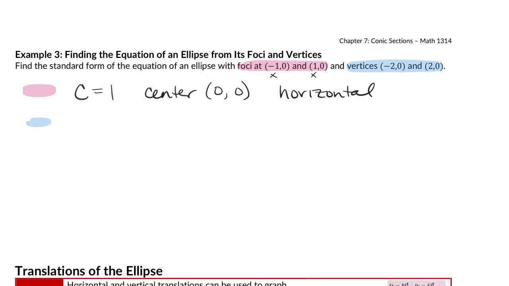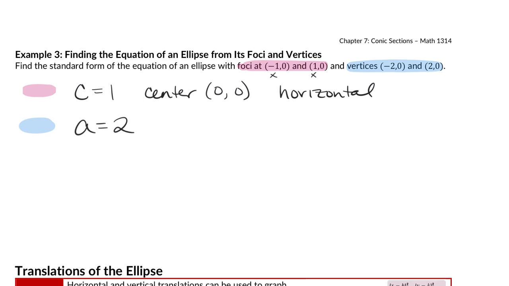The blue information having the vertices at -2 and 2 tells me that A is equal to a particular number. What number do you think A is going to be equal to? 2. Since the vertices are both 2 distance away from the center, that means my A distance from the center is 2.